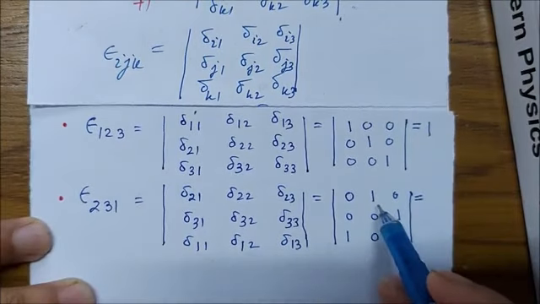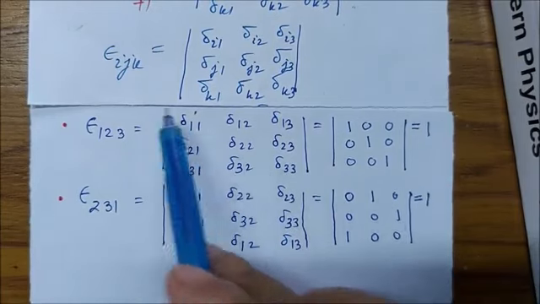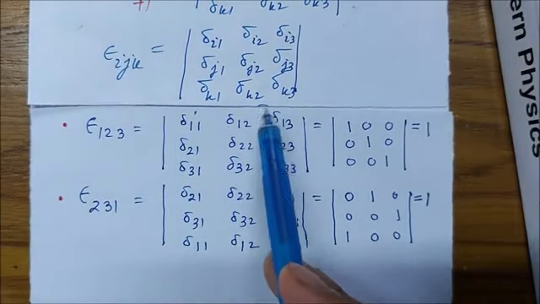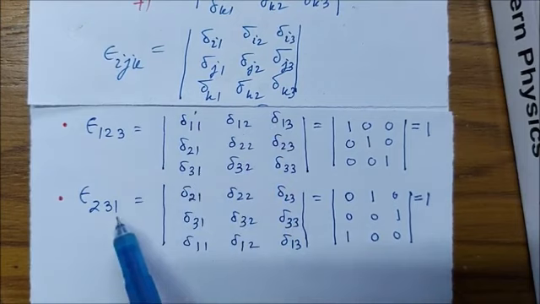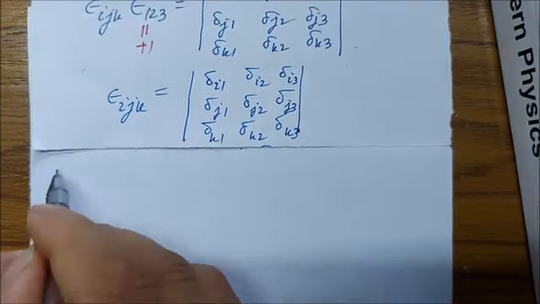And if we expand it, we get 1 into 1 into 1, so it is also 1. So that this formula is correct is verified also because we get correct results of the Levi-Civita symbol based upon this formula.